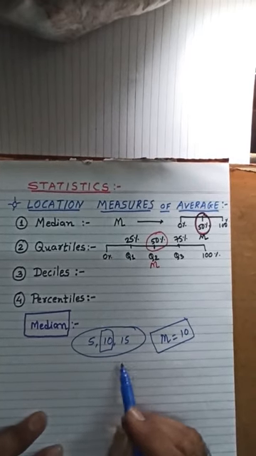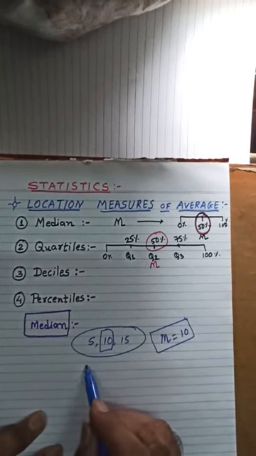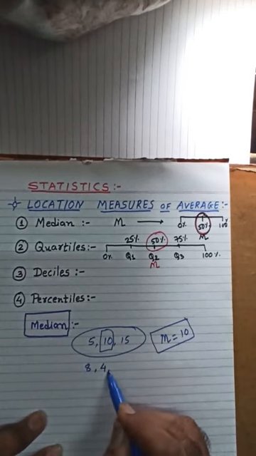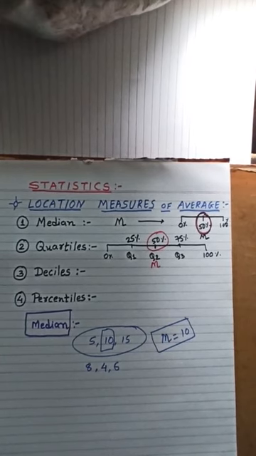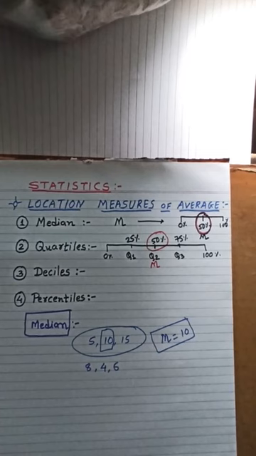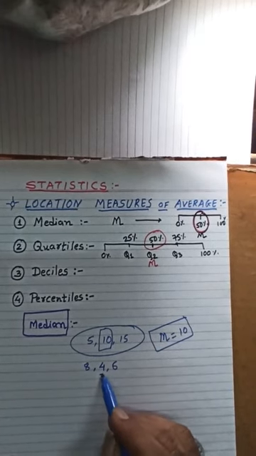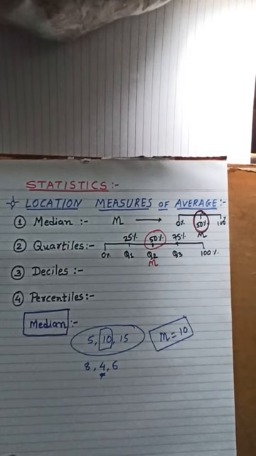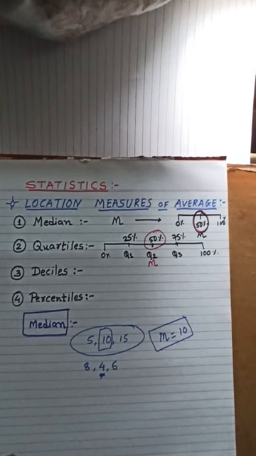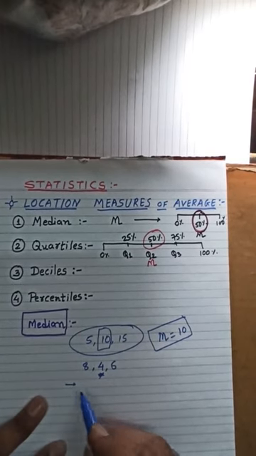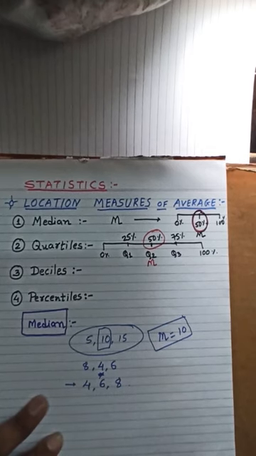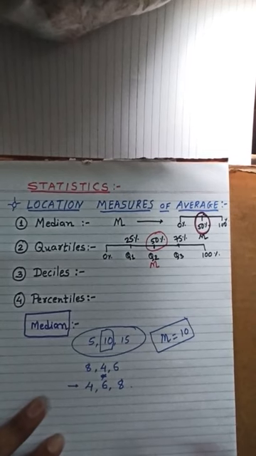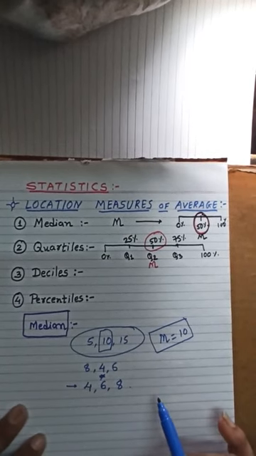Suppose the observations are 8, 4 and 6. What will be the median? We cannot say 4 is the median, because before finding median it is compulsory to arrange them. The lowest value is 4, then 6 and then 8. First of all, we have to arrange the data in ascending order.